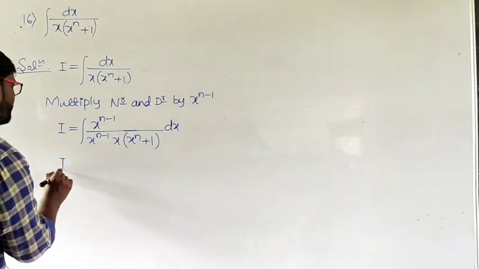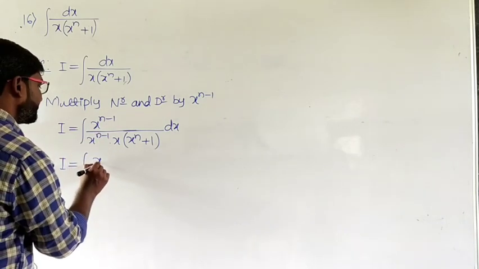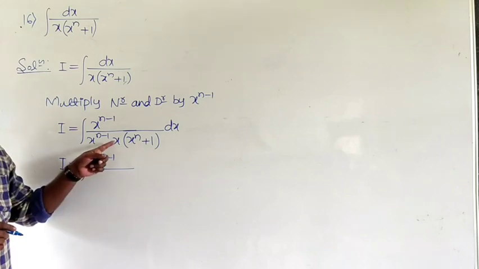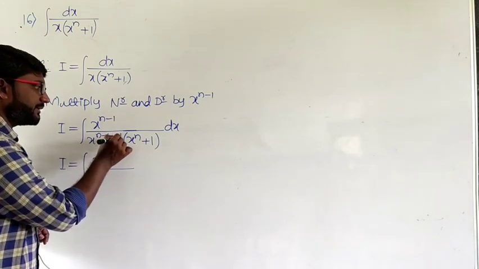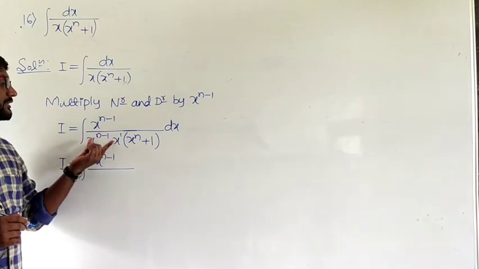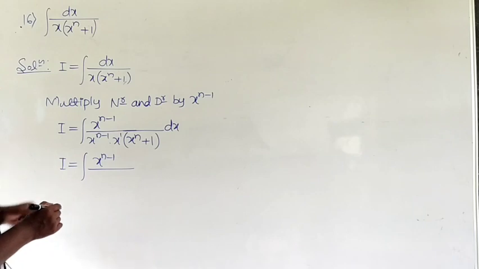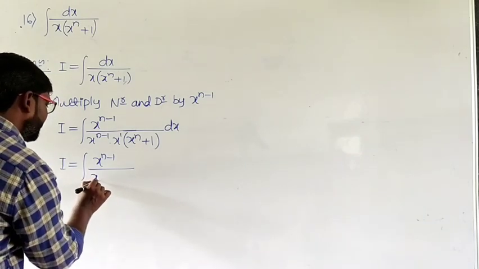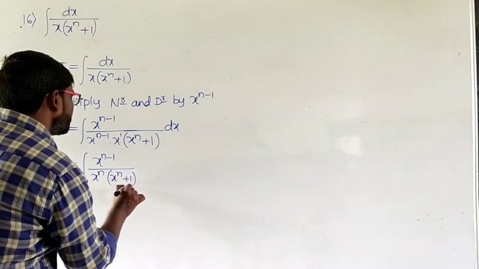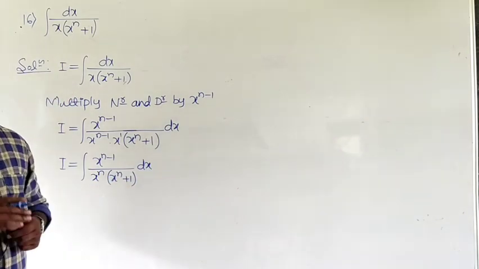I which is equals to integration, so x to the power n minus 1 divided by, so see here there will be power 1 here, x to the power 1. So a raised to m into a raised to n, these two powers will be added up and minus 1 plus 1 get cancelled. So we get x to the power n into x to the power n plus 1 dx. Now we have to go for the substitution.